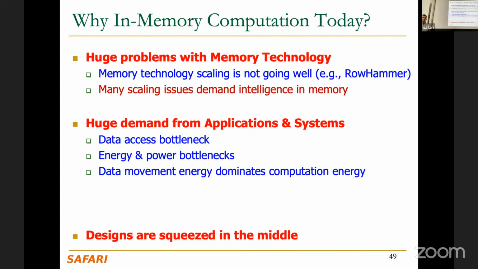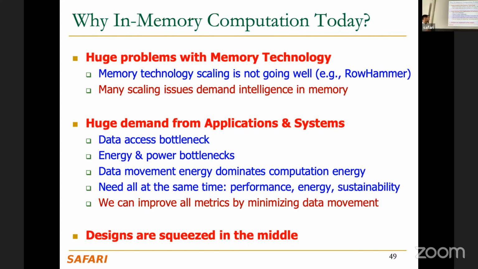We also have this demand from applications and systems. This is what I've been trying to motivate so far. We have these data movement bottlenecks caused by the large volume of data that current applications are processing and generating. And at the same time, we have a push from the need to be more performant and more energy efficient and sustainable when doing computation.